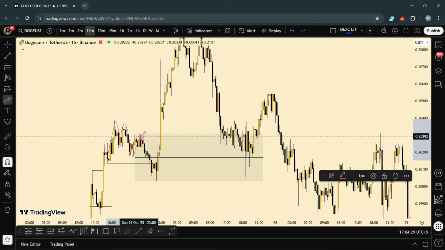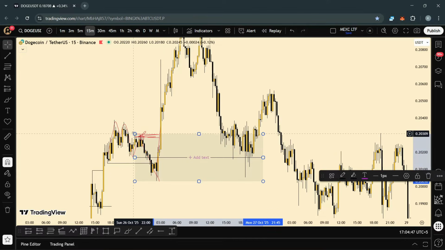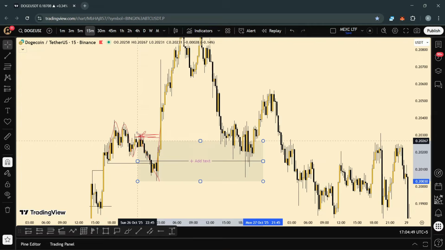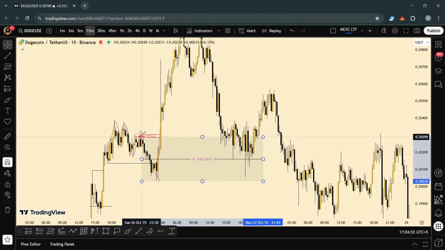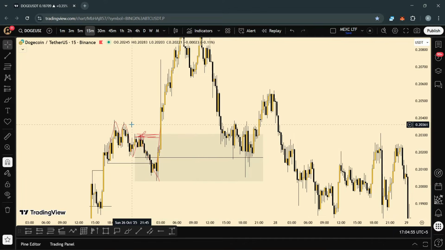This is the party responsible for taking out this low, raiding below this, and then it goes back up. So there is a break of structure in here. So just take this as the zone and not necessarily the whole of it. You have to look at the structure that took out the liquidity, and this will be your glitch.